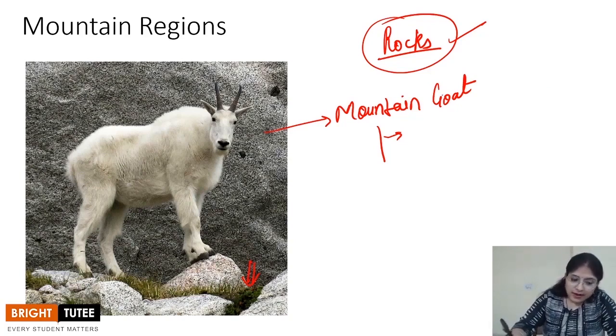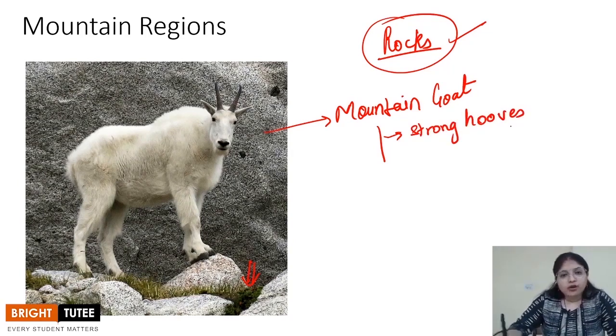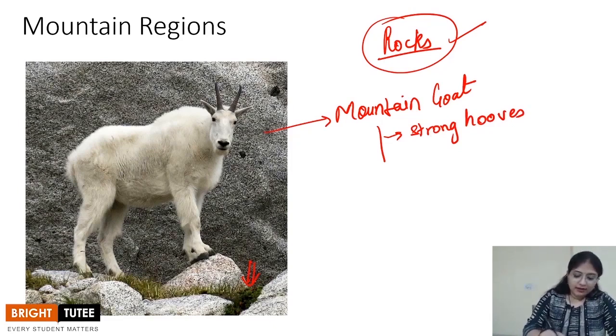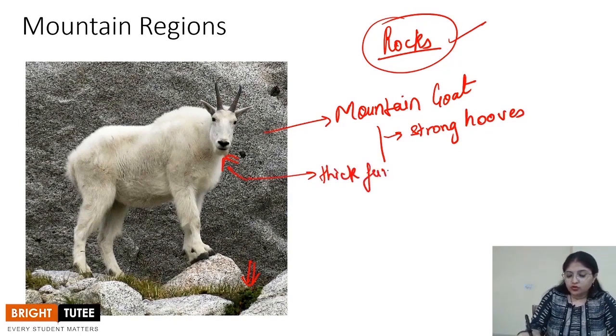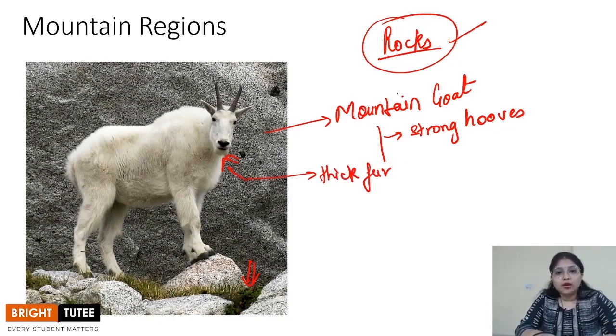The reason is that these mountain goats have very strong hooves which allow them to run on these rocky terrains, right? And as you can see in this goat also, you will find that it has thick fur, right? Again, you can see that there is thick fur on the goat to protect itself from the cold environment.